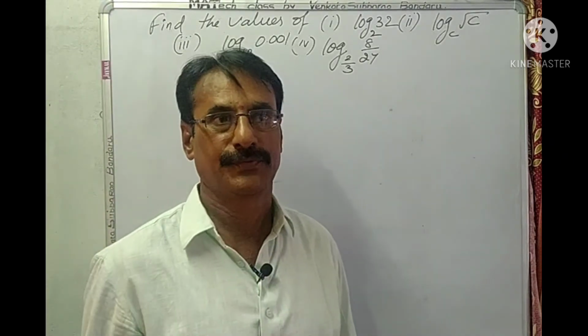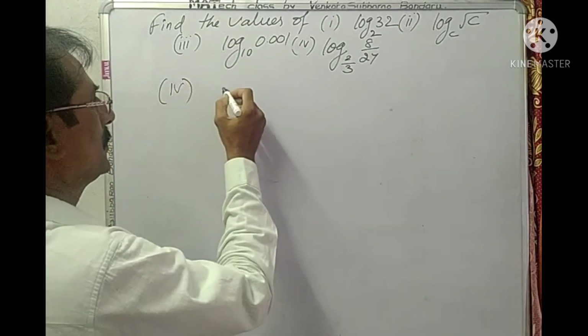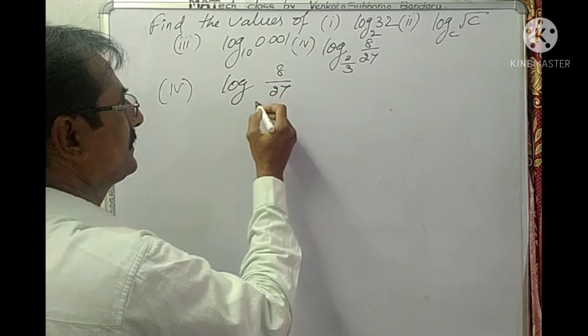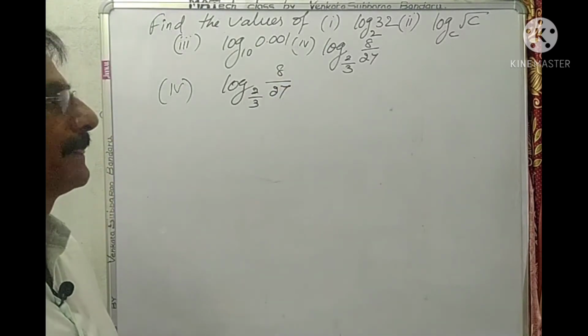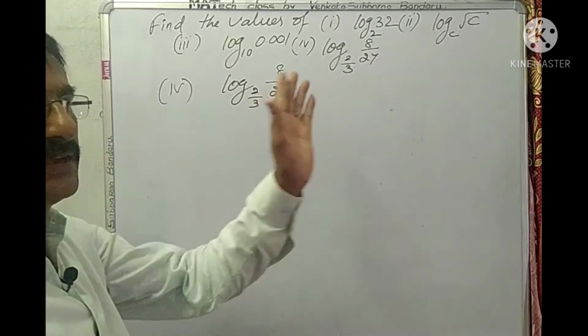The fourth one, what is the fourth sum? Log 8 by 27 base 2 by 3. Yes, I am going to explain this one with the second method.